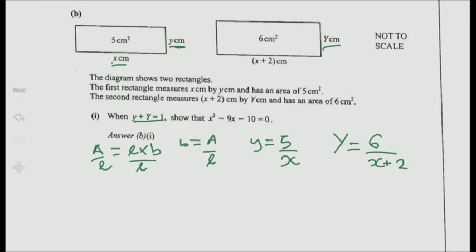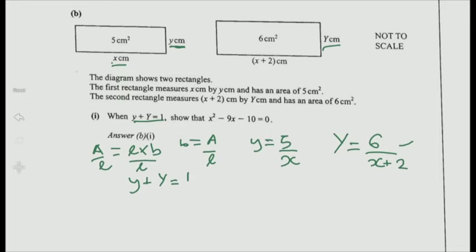And we can substitute capital letter Y by 6 over x plus 2. Right, doing that here, y plus Y is 1.